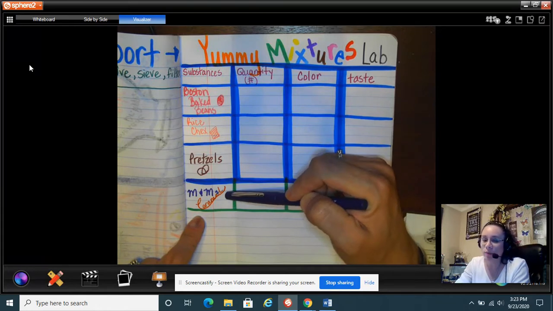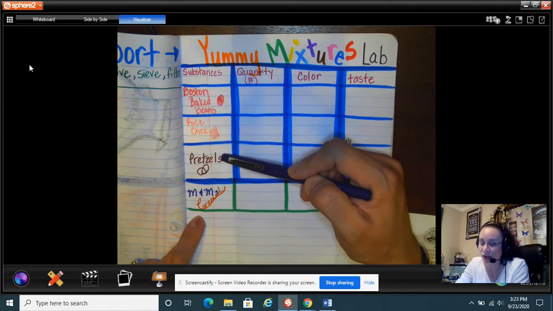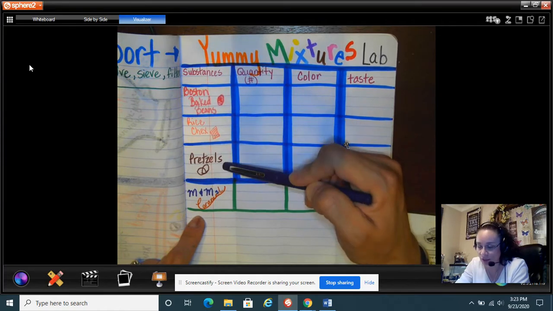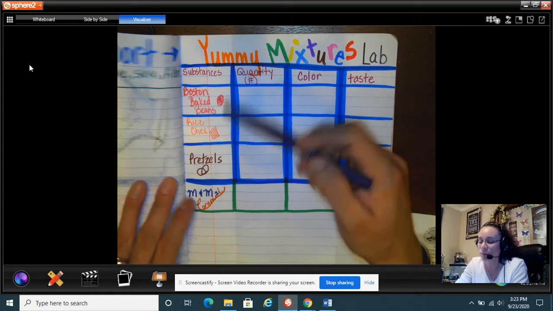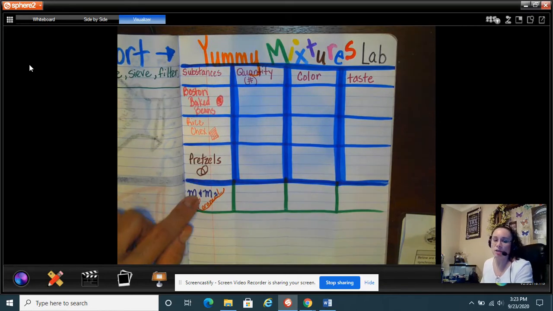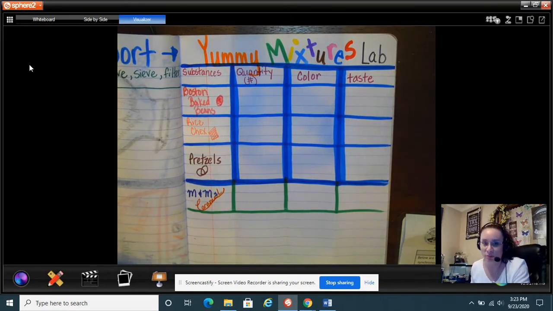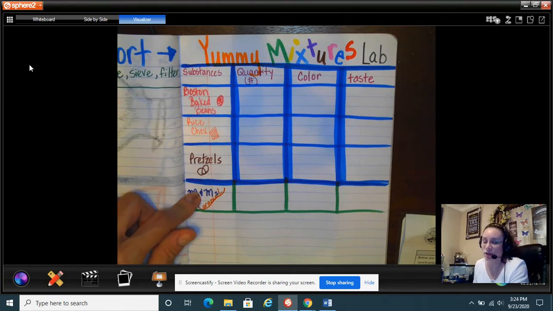So my substances are my favorite snacks, and I have to have 3 different ones. If I can't, I can have 2 different ones. So I'm going to use Boston baked beans, Rice Chex, pretzels, and M&Ms for tomorrow's experiment. Now, it doesn't have to be those. It is your favorite snack.